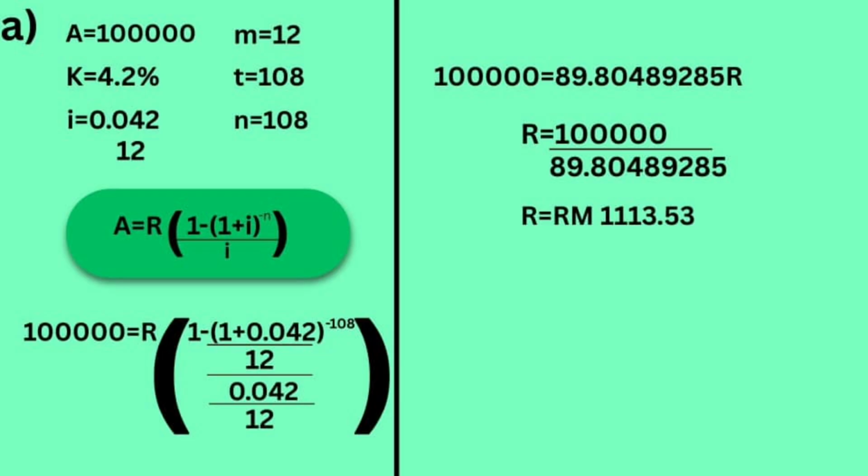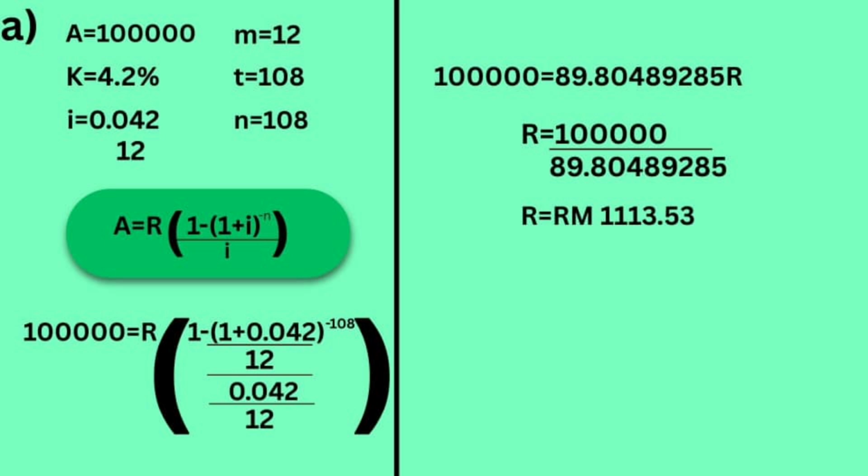For question A, we need to find the monthly repayment, which is R. So the formula we are going to use is A equals R times 1 minus open bracket 1 plus i close bracket to the power of negative n, over i.